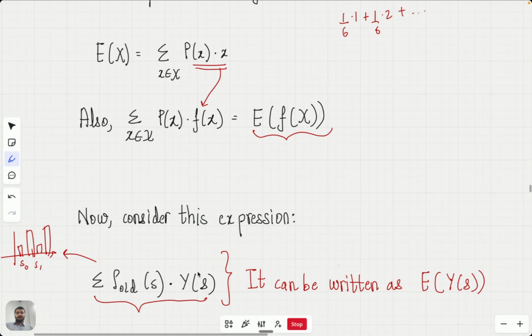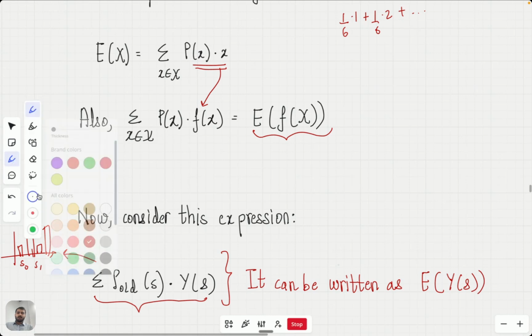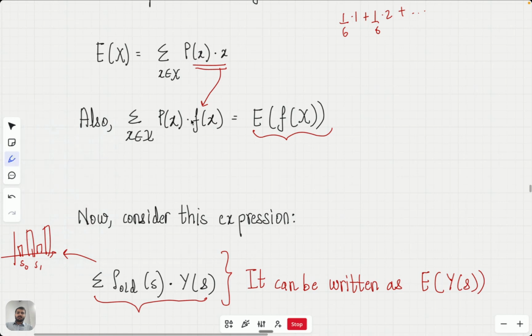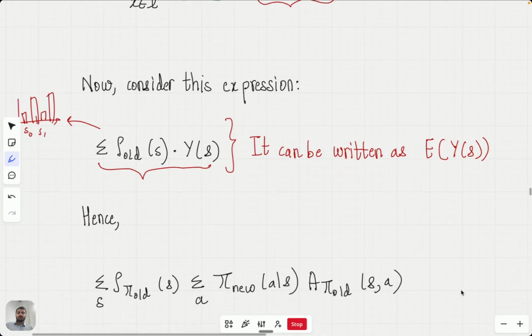And you are multiplying it by a function y of s. So this looks quite similar to this expression, with p of x being rho old of x and f of x being y of s. So this expression can be written as expected value of y of s.